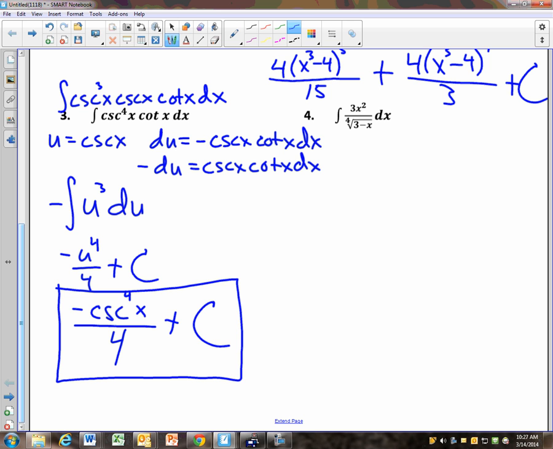I hope you think the next one is difficult. I'm going to need to do the next one on a kind of a blank area because it's rather large.